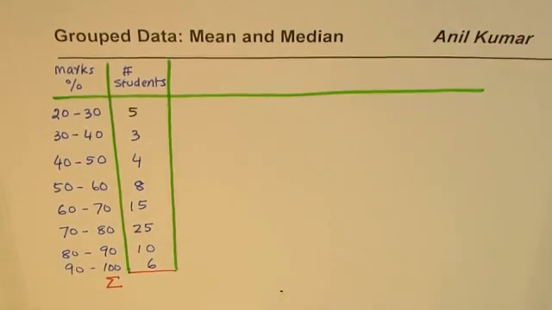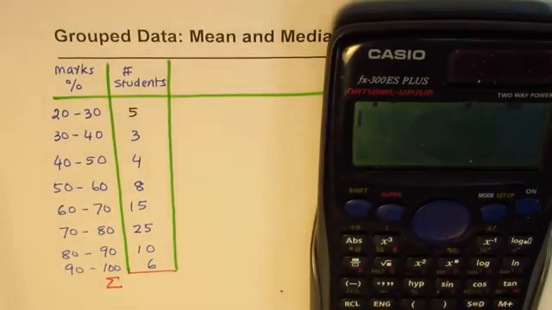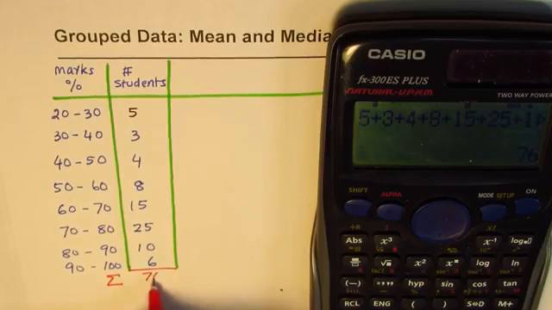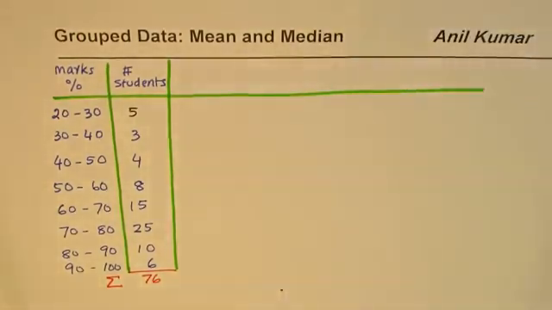So 5 plus 3 plus 4 plus 8 plus 15 plus 25 plus 10 plus 6 equals 76, the total number of students for which we have information.